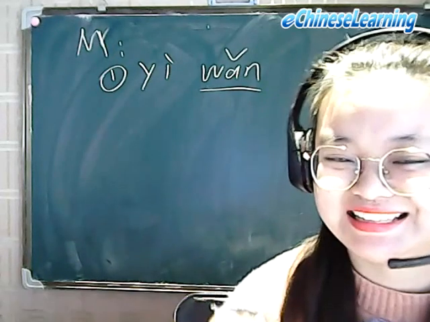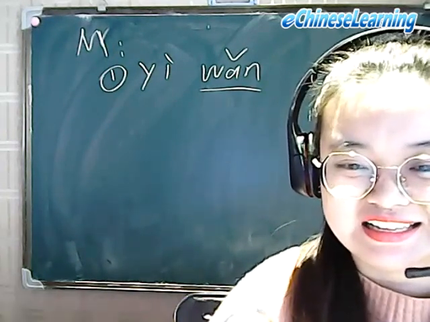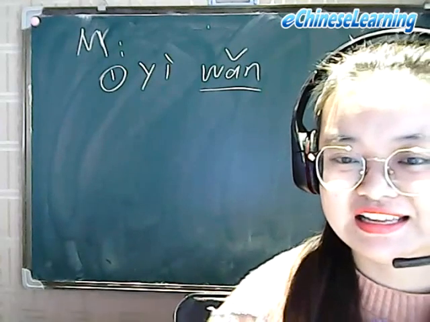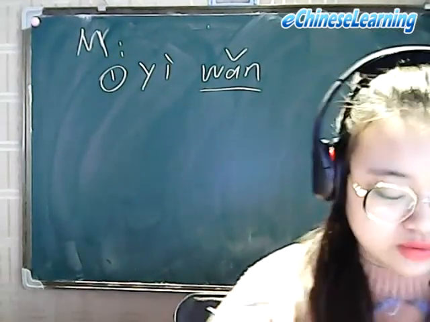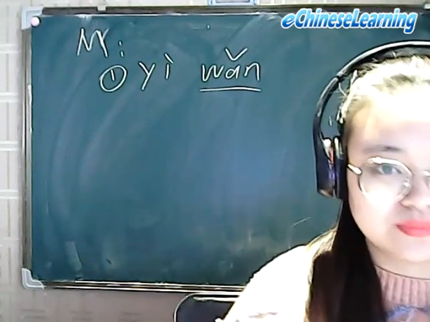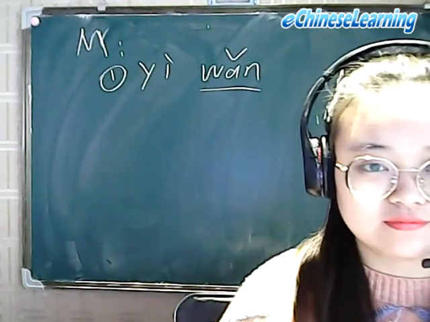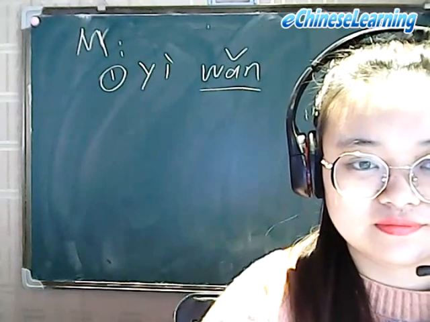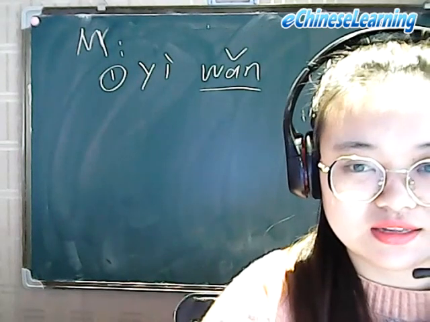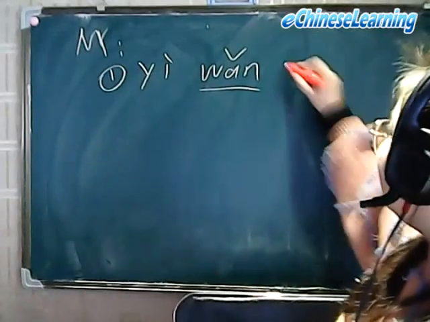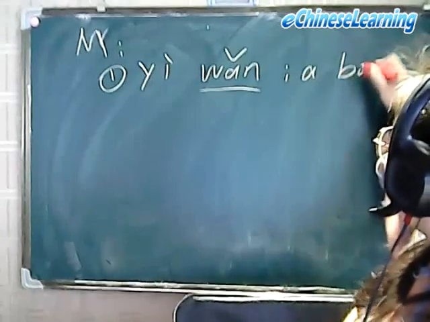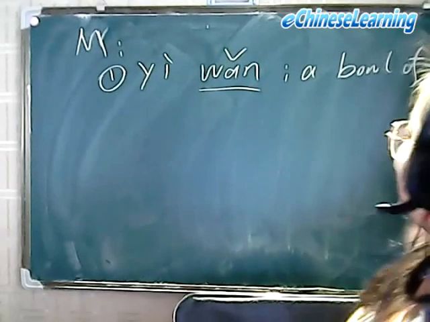Can you try to answer me? 一碗 is the measure word for rice or noodles. It means a bowl of something. A bowl of something.